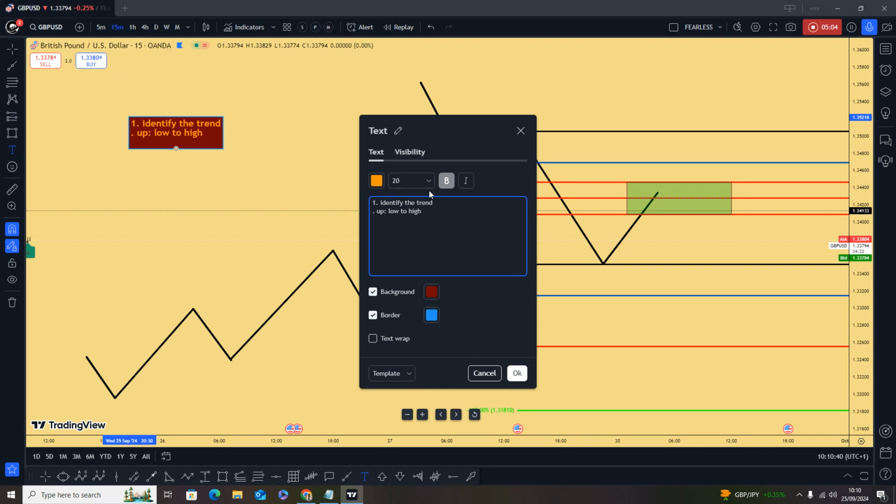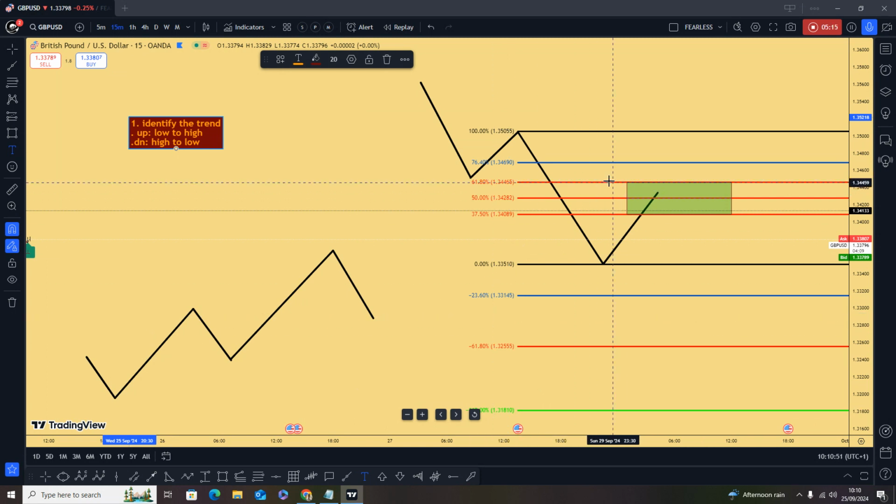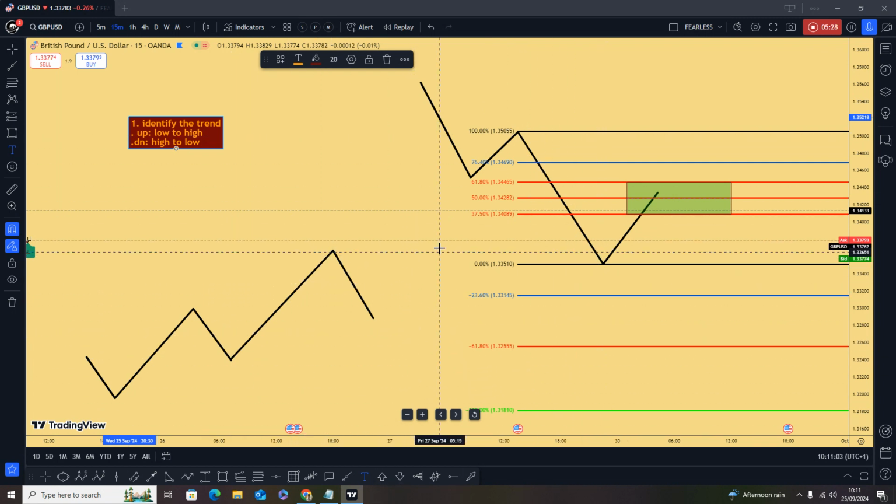If it's a downtrend, you draw from high to low of the last swing. Then you'll be able to draw out your buy and sell zone using the range between the 61.8 and the 37.5. So this is an uptrend, this is a downtrend. That is the first thing we use the Fibonacci for.